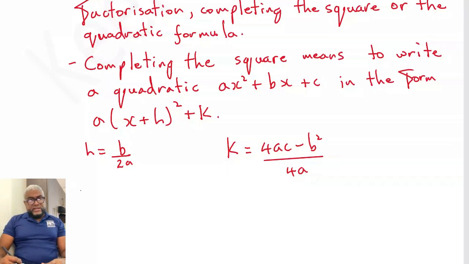So that's completing the square. We'll also write the quadratic formula.